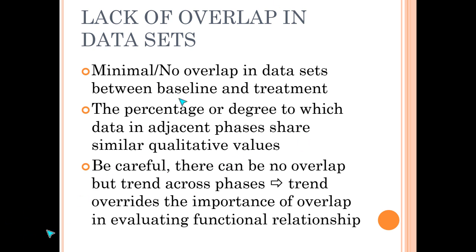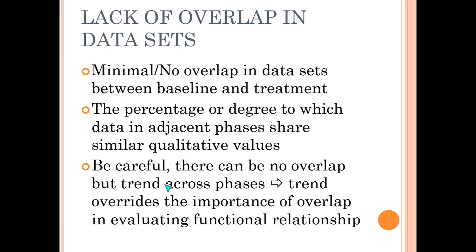You have to be very careful with this type of analysis because you could be in a scenario where there is no overlap but a lot of trend, and that is still problematic. In such a scenario, the trend criterion overrides the importance of overlap in evaluating the functional relationship. I'll show you an illustration of what is meant by that.